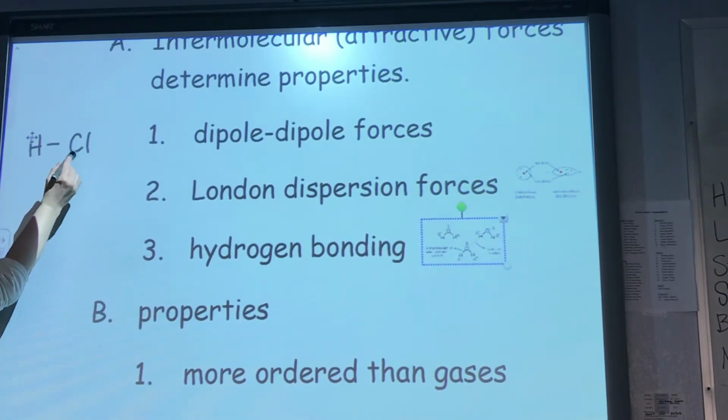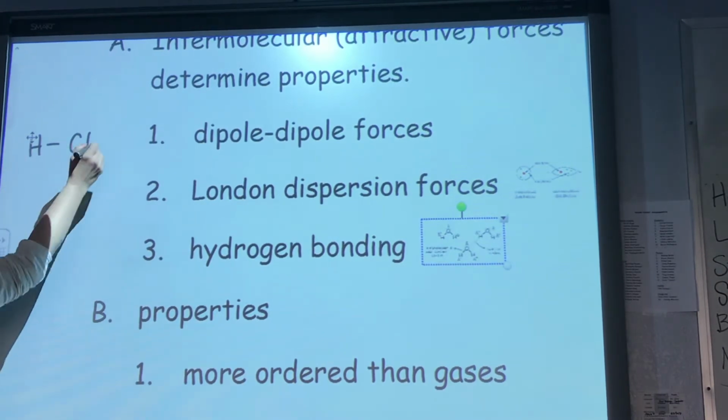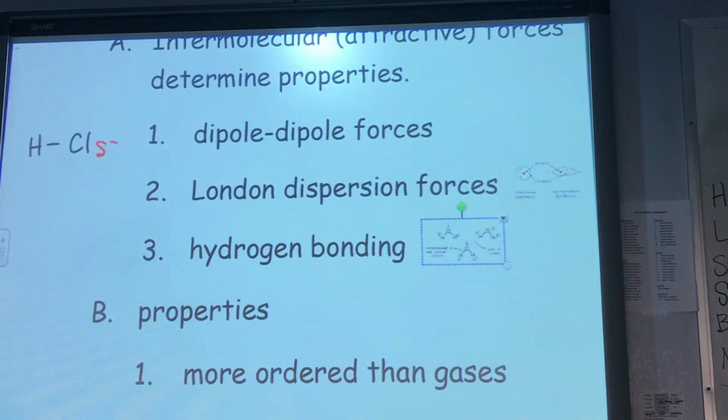And so because chlorine pulls on those electrons harder than hydrogen does, this side of the hydrogen chloride molecule is slightly negative, and this side, because chlorine's tugging on that electron more than hydrogen does, ends up being slightly positive. So remember, this is a polar molecule. And these dipole-dipole forces are all about that polarity.